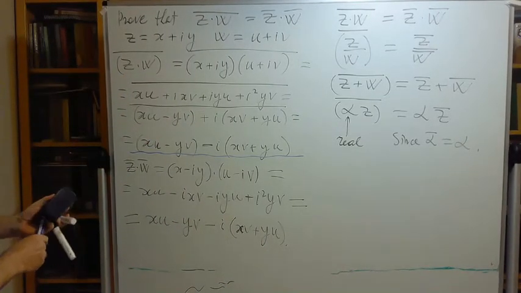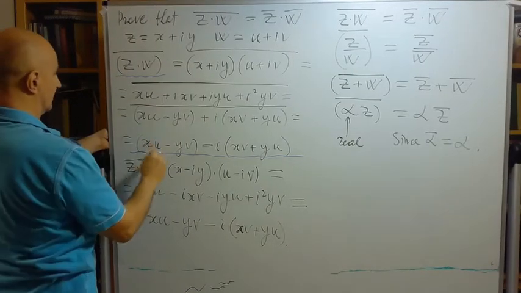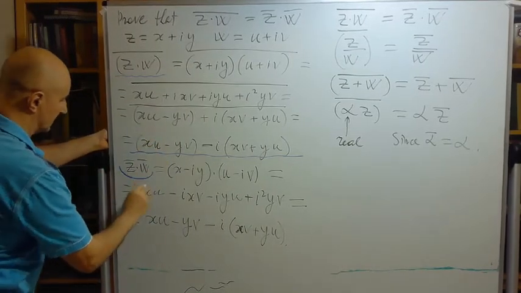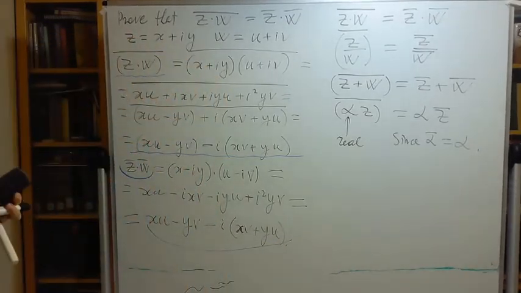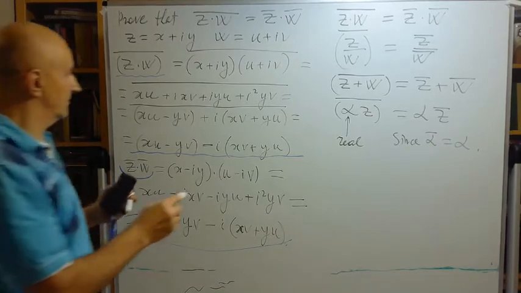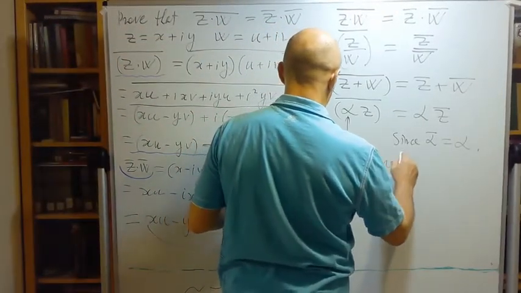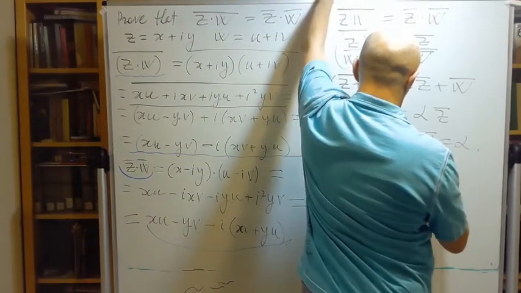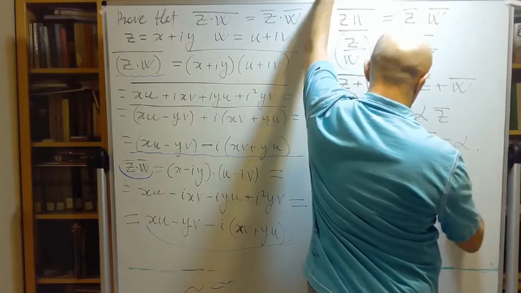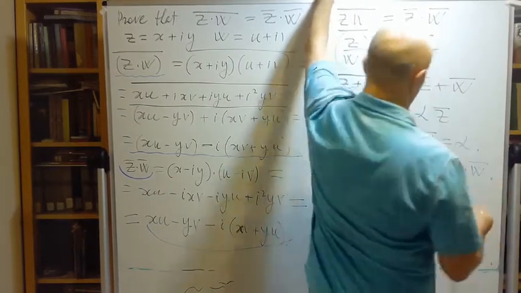This expression is the same, right? We started with this one, we received the same expression. So you can write therefore the conjugate of zw equals z conjugate multiplied by w conjugate.